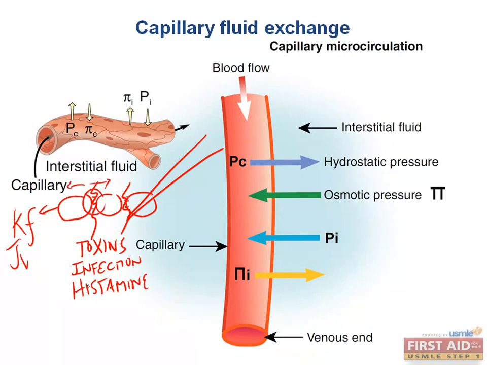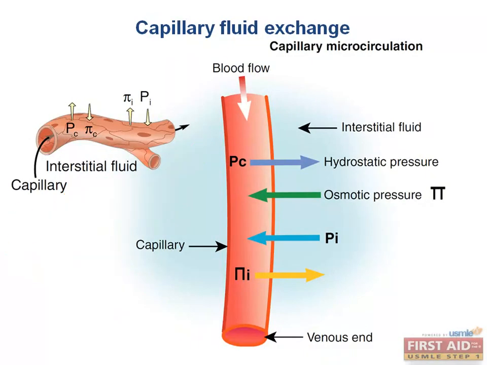A very high-yield concept is a burn, which can also change the dynamics of the endothelial cell junctions. In burns, you actually just completely obliterate all of the capillary, and you have no way to keep the fluid in the intracapillary space. That is why burn victims have to be aggressively rehydrated.